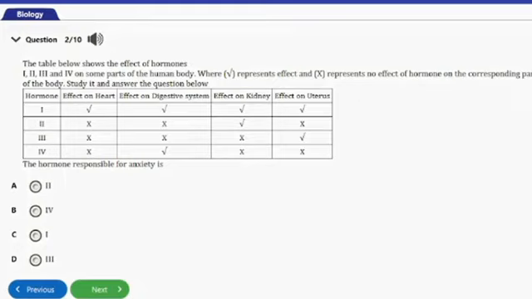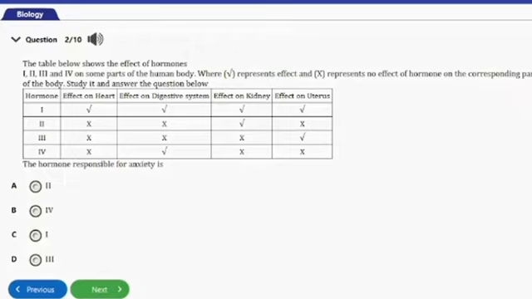So guys, we've seen this table here. We have on each of these columns: hormone, effects on heart, effects on digestive system, effects on kidney, and effects on uterus. So the question here says, the hormone responsible for anxiety is A, II, B, IV, C, I, and D, III.